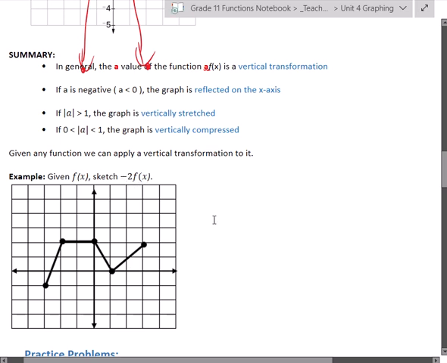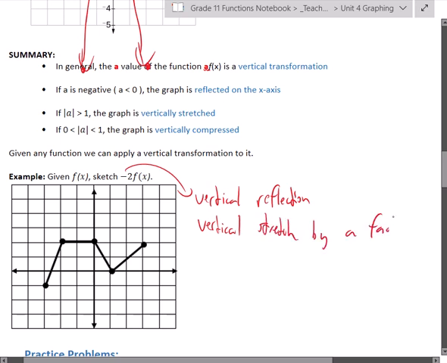So -2 right here, this is a vertical reflection, and it's a vertical stretch by a factor of 2. So we have to take each coordinate, we need to reflect it on the x-axis and multiply its y value by 2. And you can do it in any order.